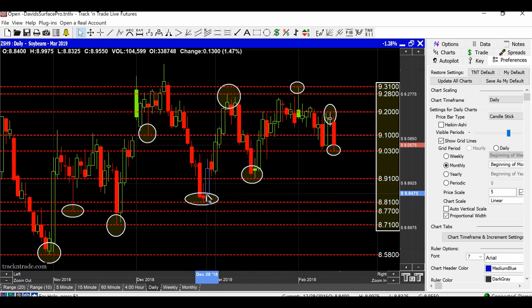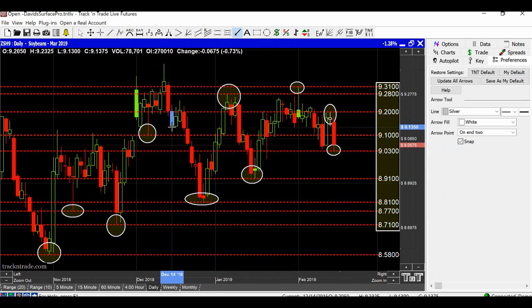Let's say that you were long the market here on this position, and you thought that the market may go up, and you got long that market here, expecting that price to go back up.